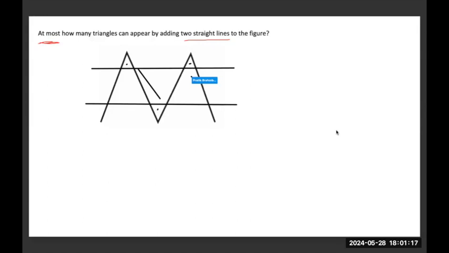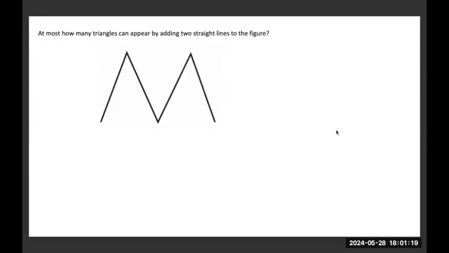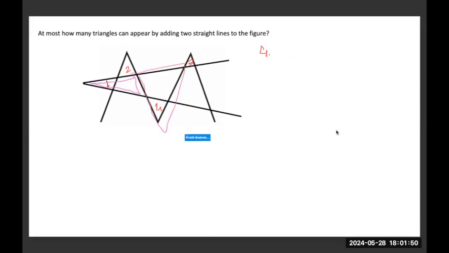This gives 6. But if I insert a triangle shape here itself, there's a possibility that I will get even more triangles. If I insert it like this, the number of triangles in this possibility would be 1, 2, 3, 4. This is 4. Then 1, 2, and 3.